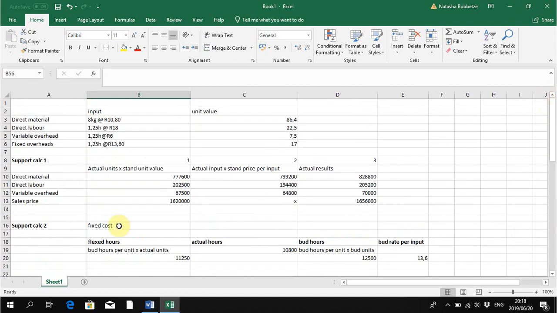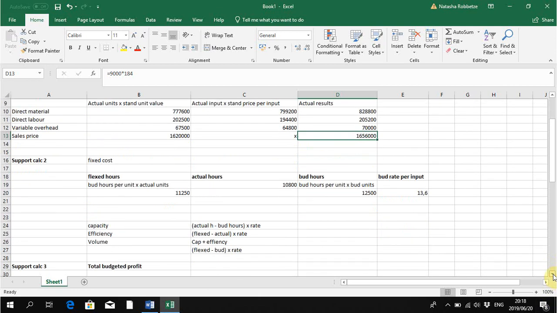So for support calc number 1, we will consider column 1 the budget, and of course column 3 the actual results. So now we need to think whether it's favorable or unfavorable. According to the budget, we should have collected sales of 1,620,000. We actually collected sales of 1,656,000. So in actual fact, we collected higher sales than the budget said, and therefore it's favorable.